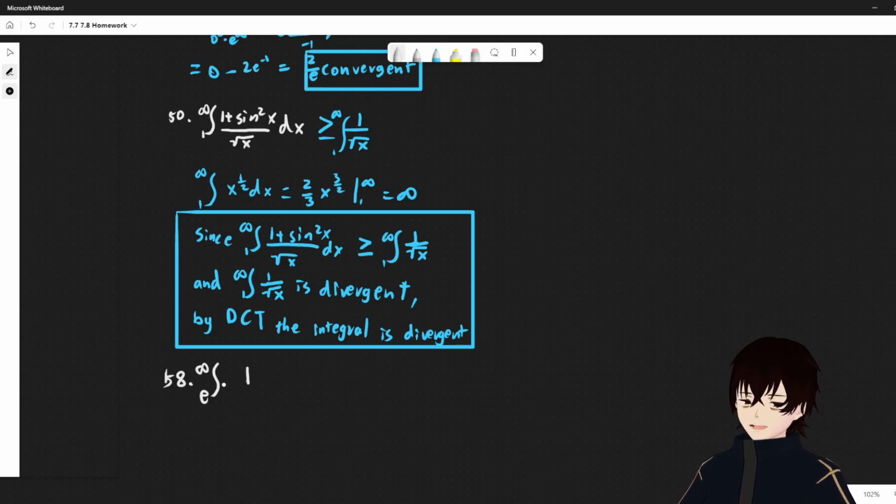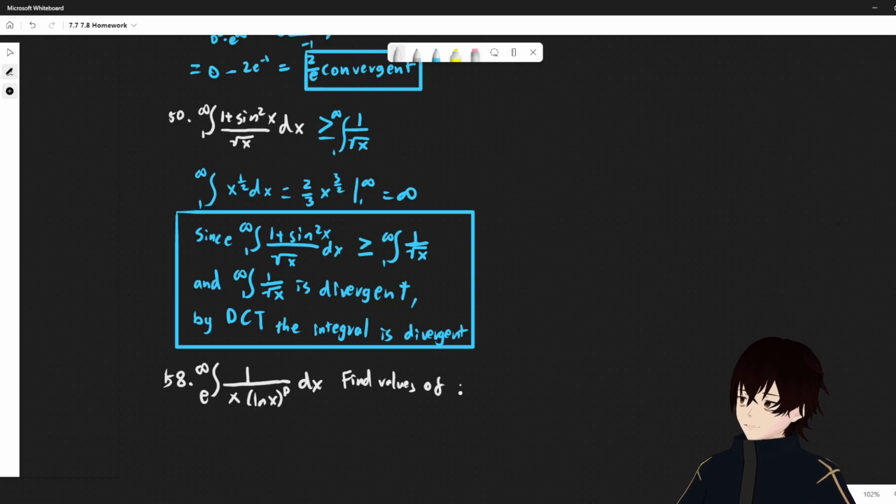E to infinity. Sounds like a punchline. Of x times natural log of x to the power of p dx. Oh my god. Find values of p. This single question is gonna take me an hour.